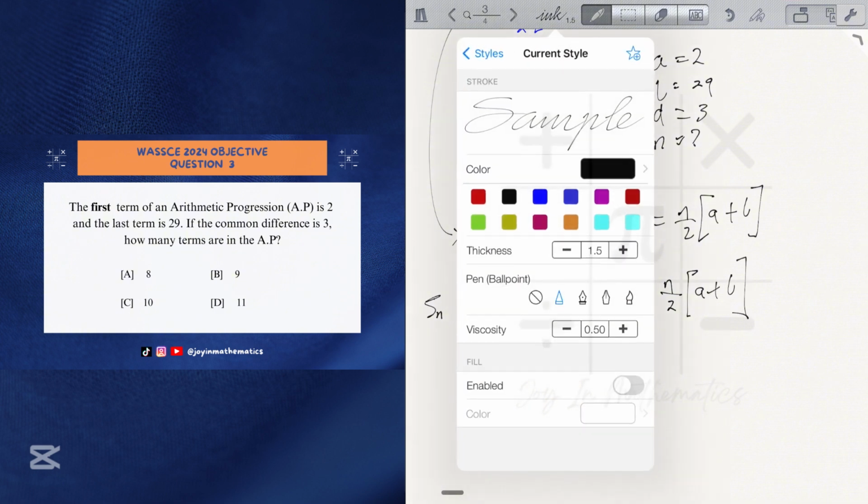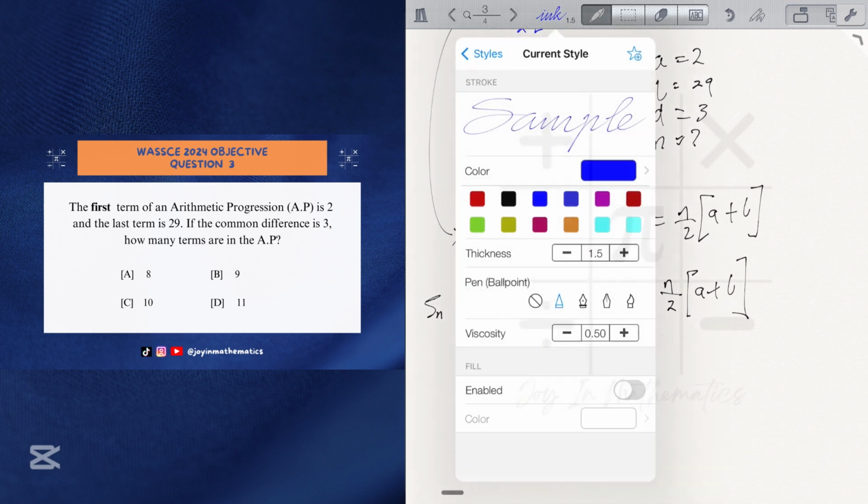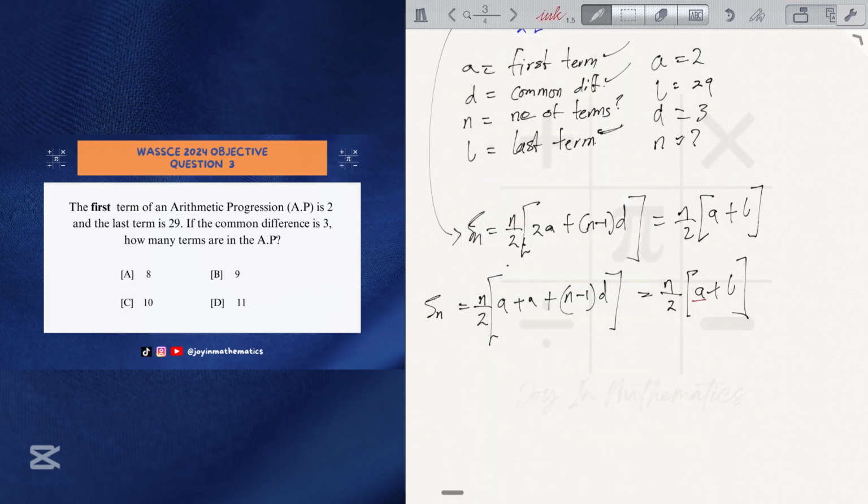Now let's compare these two terms together. Let's begin with a. a is equal to a. We've compared that. Similarly, the correspondent of a plus n minus 1 d is equal to l.